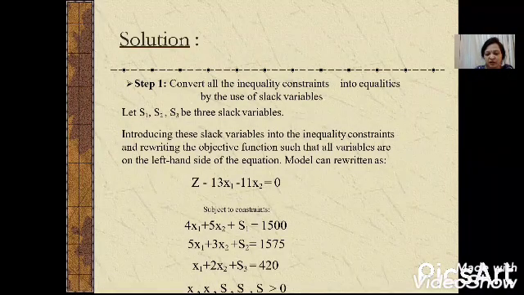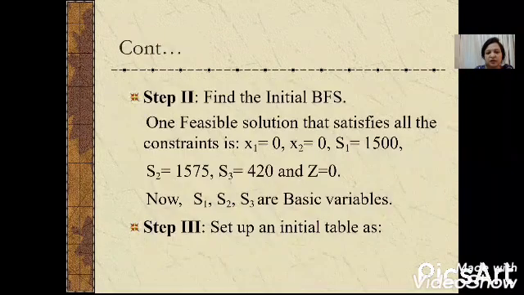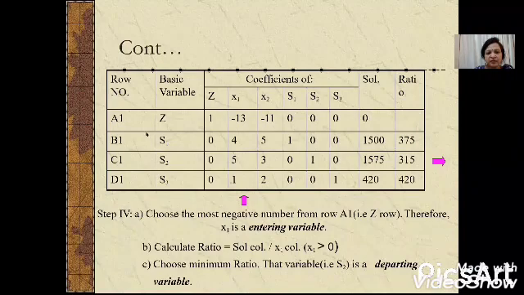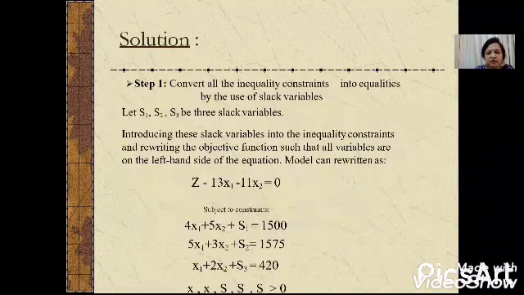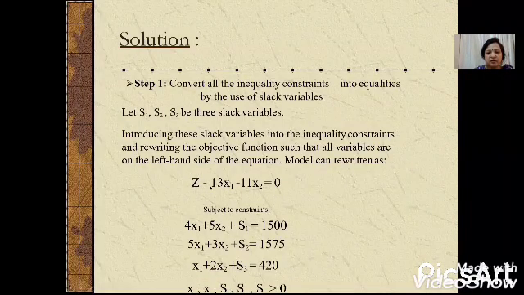From here we convert this into a table of this form. The basic variables are Z, S1, S2, S3, and from the first equation in the model we can see the coefficient of Z is 1, x1 is minus 13, x2 is minus 11, and s1, s2, s3 are 0.